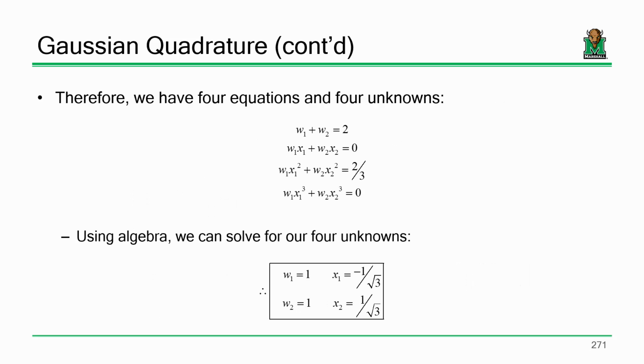All right. If we do something as simple as a 2-point integration scheme, when we do our analysis, we find that our weighting functions are equal to 1, and our 2 magical points are plus and minus 1 over the square root of 3, which comes out to be about 0.577.